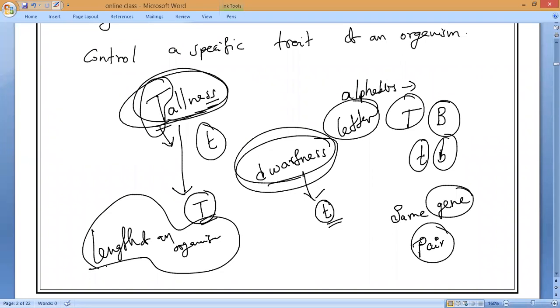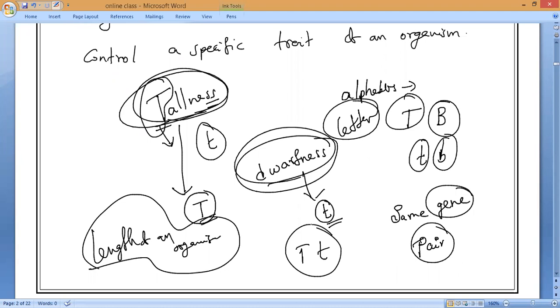How much height the plant is growing, short or tall, whatever it is, will be represented with capital T and small t. It indicates whether the plant is tall or short or dwarf.